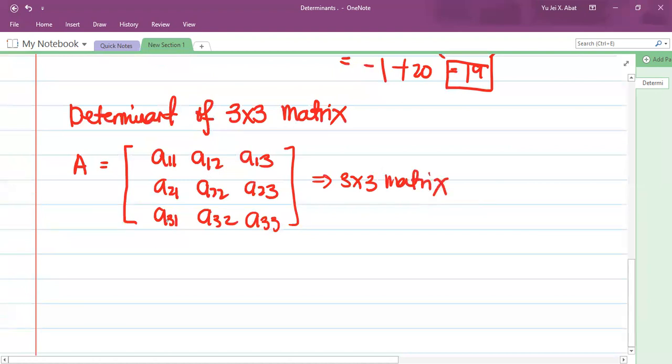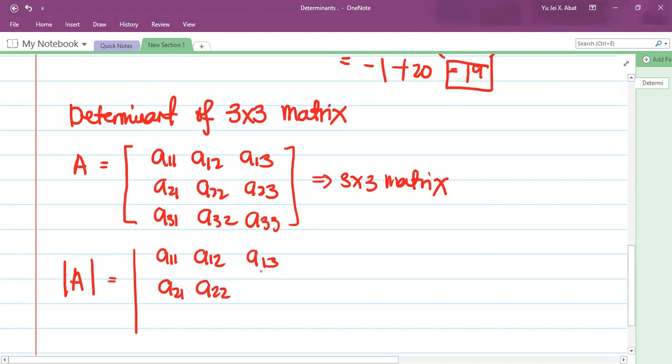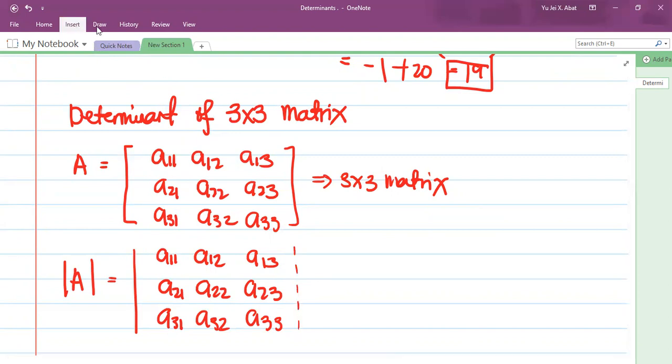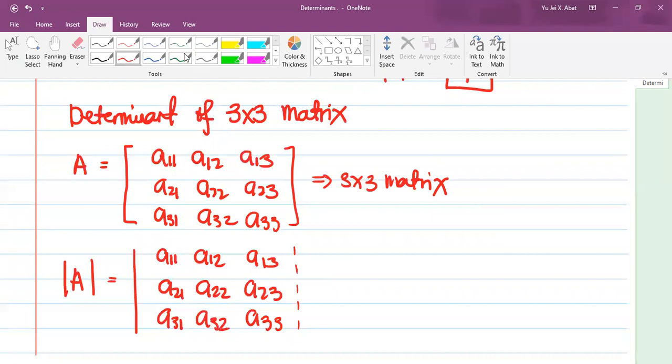To get the determinant, I will first rewrite this and copy the first two columns of the determinant.